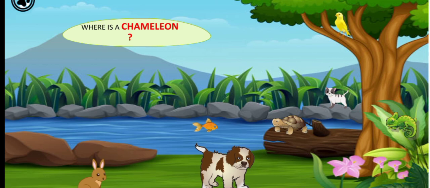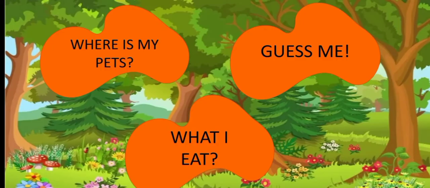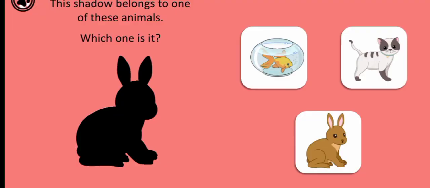The next game is Guess Me. In this game, the children have to guess which animal the shadow belongs to. They have to look at the shadow carefully and guess among the three animals. For example, they see the shadow and press the rabbit.